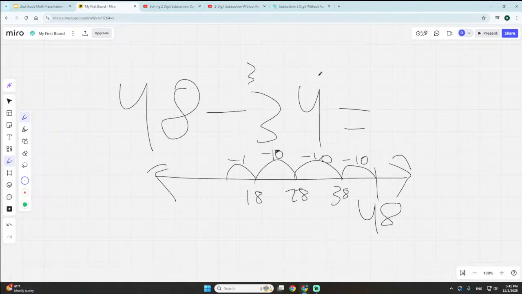So we go minus 1, another minus 1, minus 1, and minus 1. So we get 14 as our answer because we subtracted 10 3 times, and then we subtracted 1 4 times on the number line.